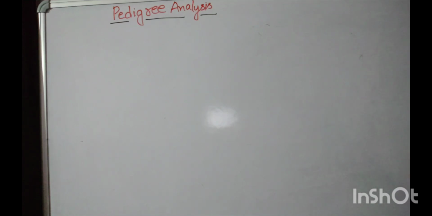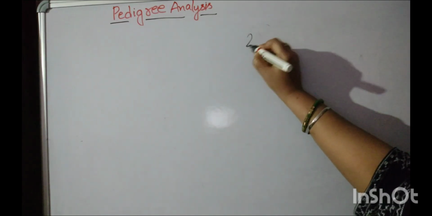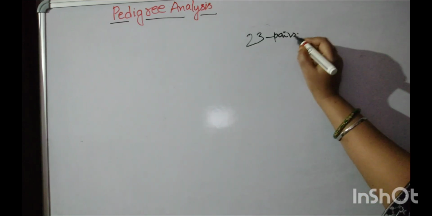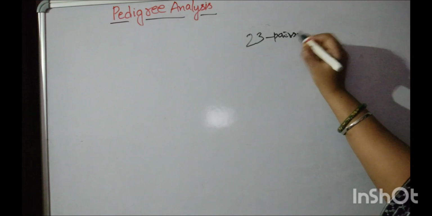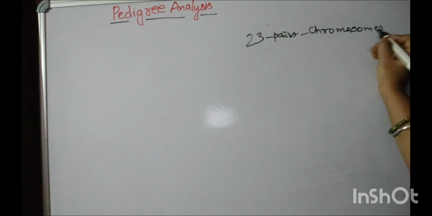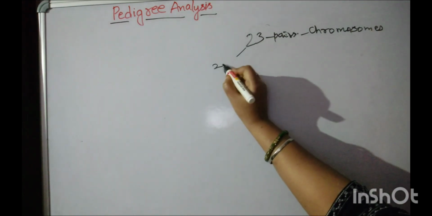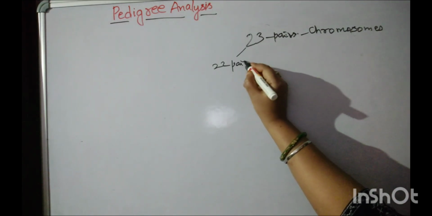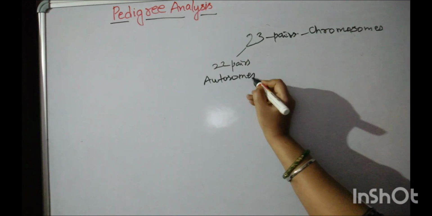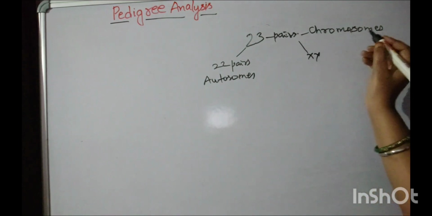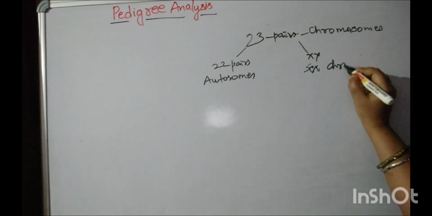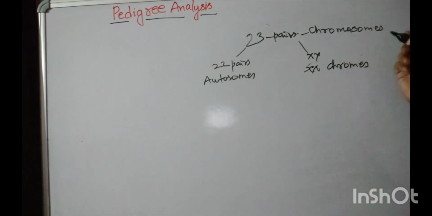We know that humans have 23 pairs of chromosomes, in which 22 pairs are called autosomes, and one pair, XY, is the sex chromosomes, which determine sex.